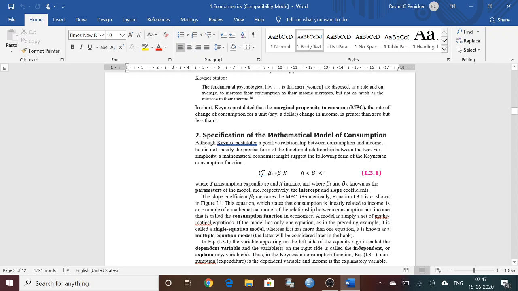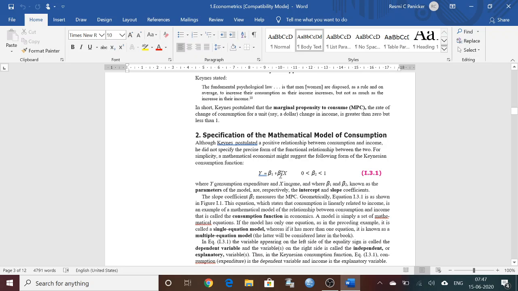And here we are using mathematical language in equation form. You can see the relationship between consumption and income has been represented in a mathematical equation, that is, consumption is a function of income.